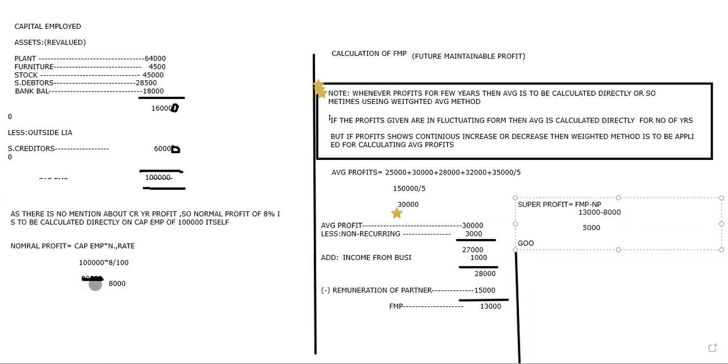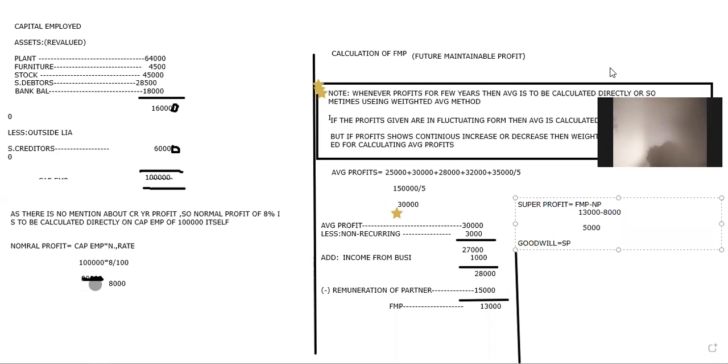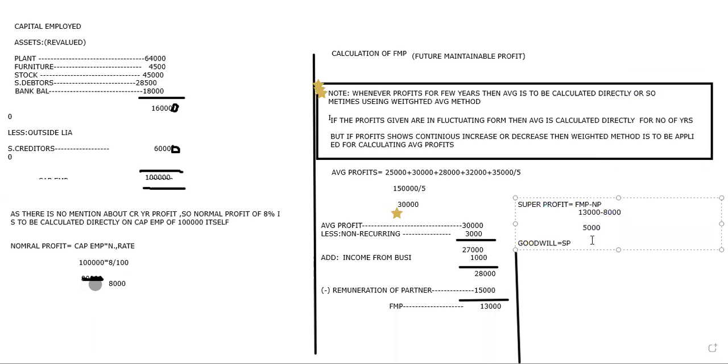So goodwill, how many number of years to be multiplied? Goodwill is equal to super profits into number of years of purchase.